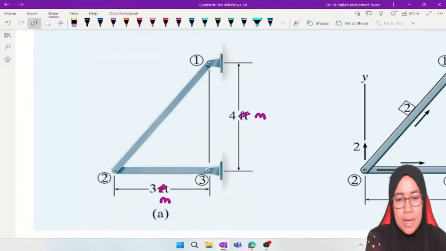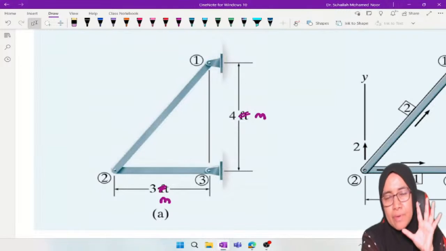Now this diagram, this is a truss. This truss has three nodes: node number one, node number two, and node number three. Remember, in one truss diagram, in order to establish the structure stiffness matrix, before we start applying the K formula, we have to put 5 items into this diagram.